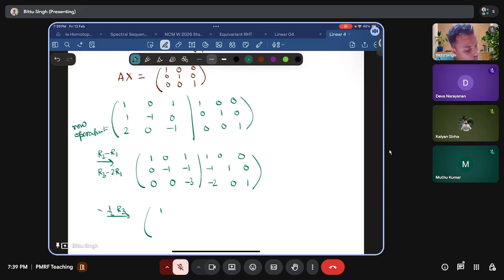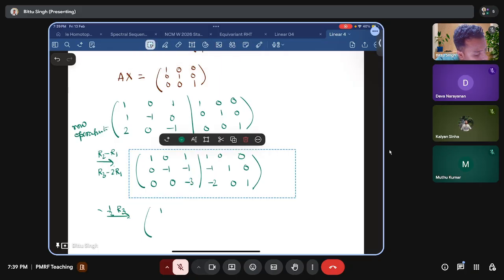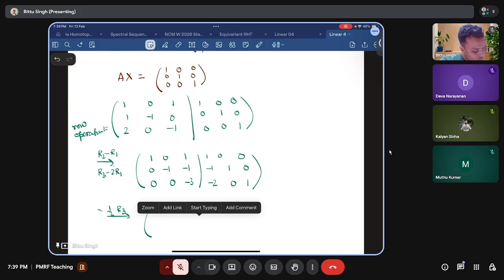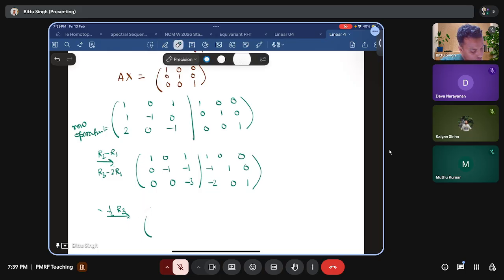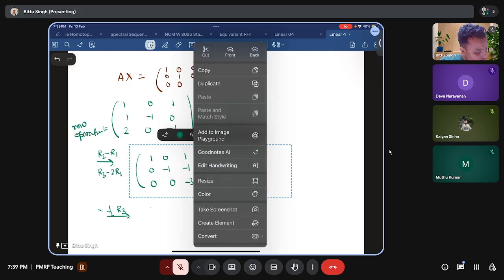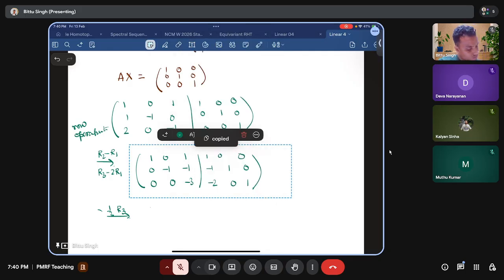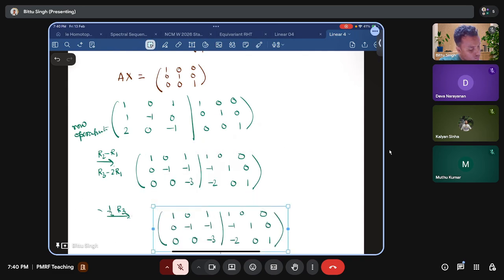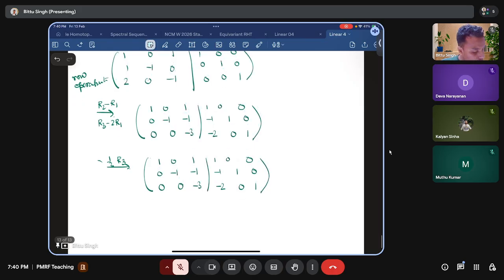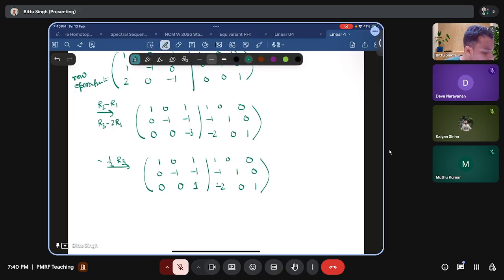Let me copy this whole thing. Everything will remain fixed, only the third row we multiply with -1/3, so it is 1, 2/3, 0, -1/3.